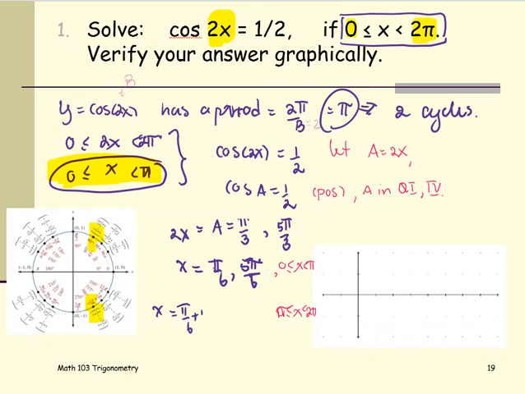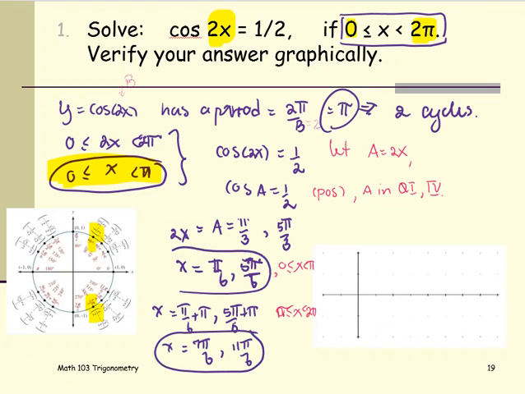So pi over 6 plus pi is another solution, and 5 pi over 6 plus another pi. Simplified, 7 pi over 6 and 11 pi over 6 are another set of solutions for the second cycle. So for x greater than or equal to 0 and less than 2 pi, we obtain 4 solutions.